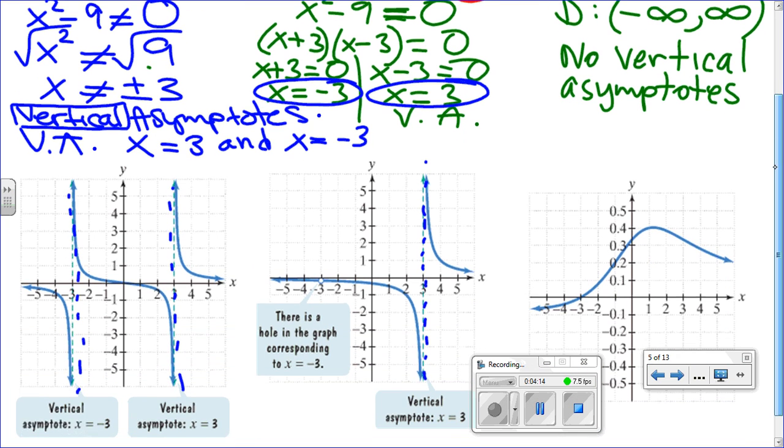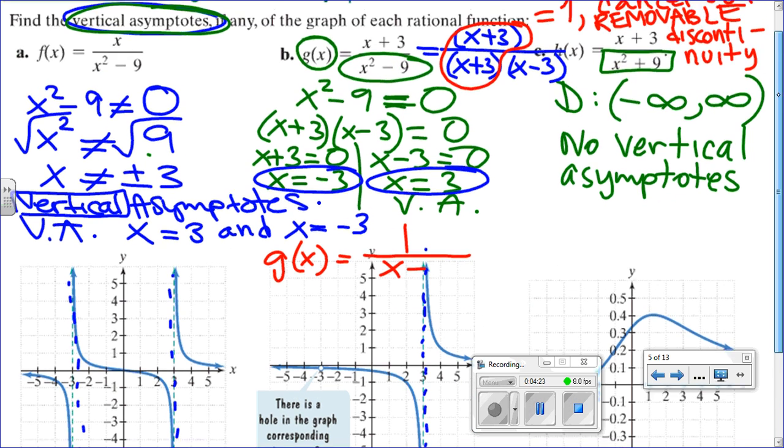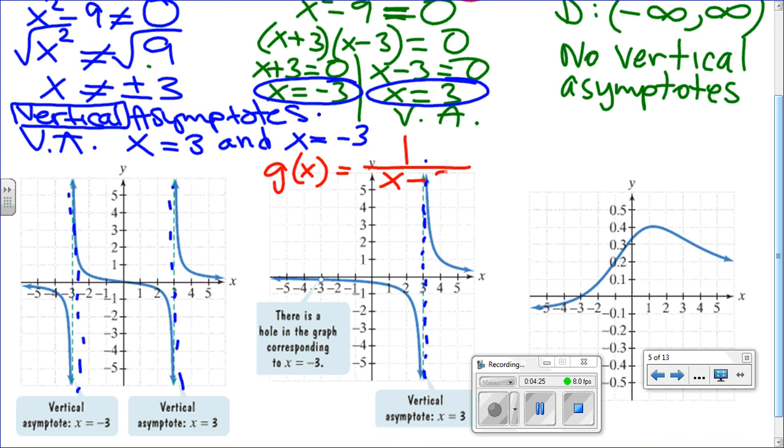Because that function became 1 over x minus 3. Because of that, first of all, for the domain, we still need to exclude both values, this one and this one.